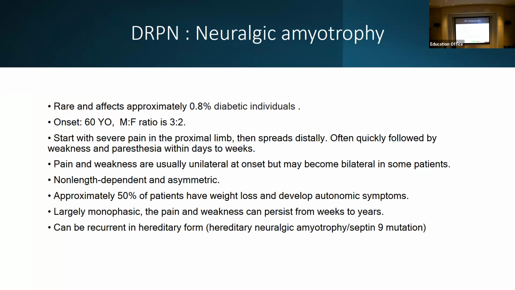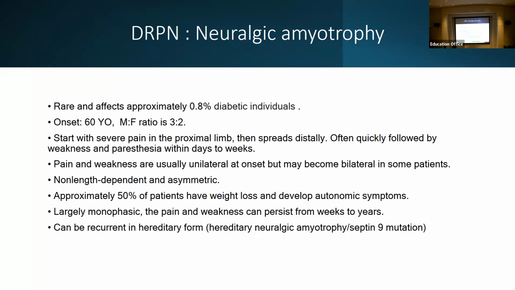DRPN in general is rare. It affects approximately 0.8 to 1% of diabetic individuals. It usually affects elderly people, with an average onset of 60 years old, and affects more male patients than female patients.